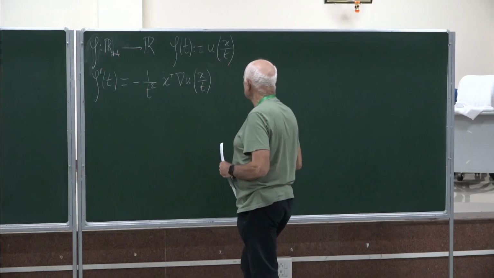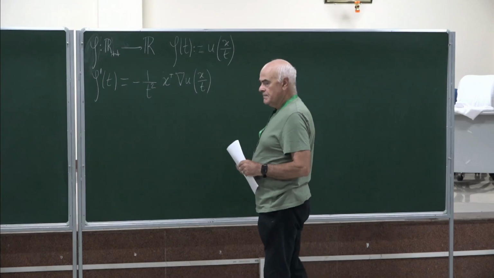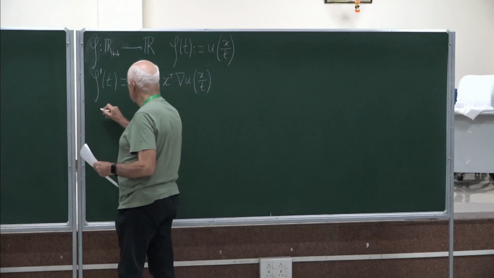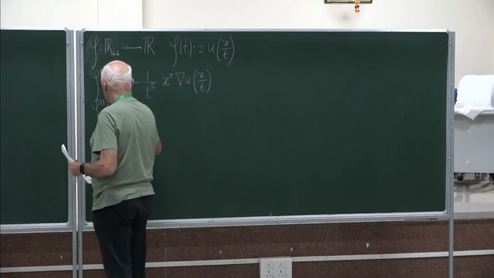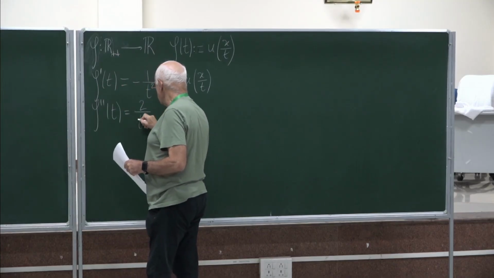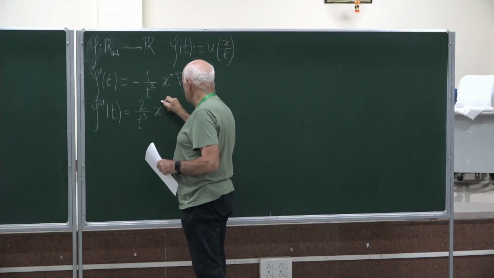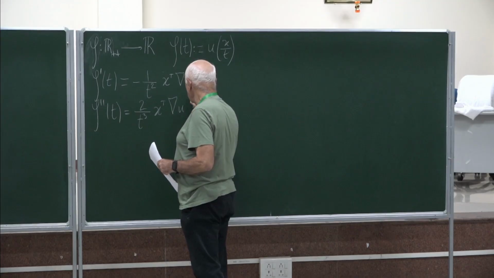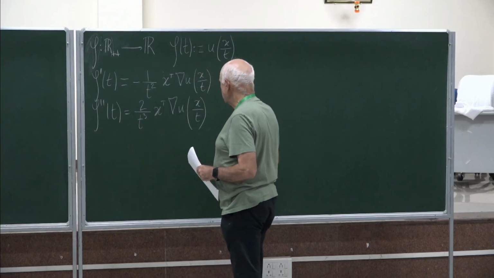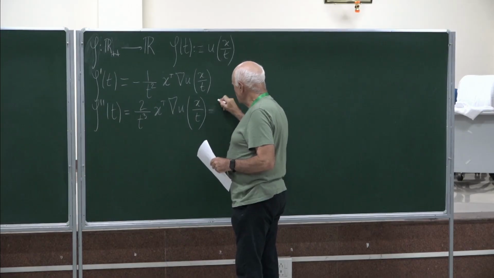Okay? Is this correct? The second derivative. It's 2 divided by t to the cube x transpose gradient of u at x divided by t minus 1 over t squared.